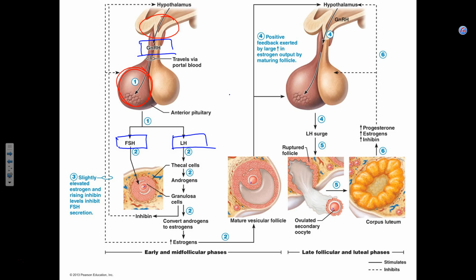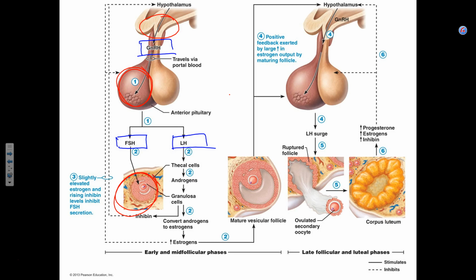First of all, let's think about the name, follicle stimulating hormone. What does it do? Stimulates follicular development, exactly. So follicle stimulating hormone will stimulate the follicular development. That makes sense?